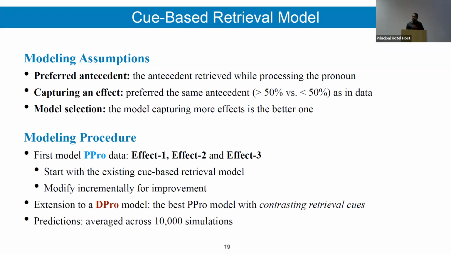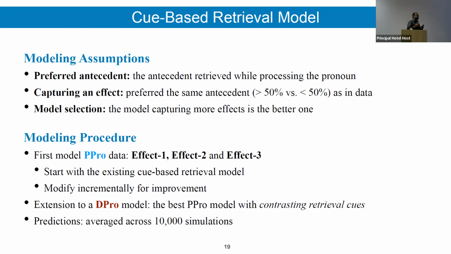As a modeling procedure, we started with a model for personal pronouns. The three effects that I mentioned, we tried to model them for personal pronouns. We started with a vanilla cue-based retrieval model that has been used in the past, and then we tried to improve the model until we got the best model for personal pronouns.